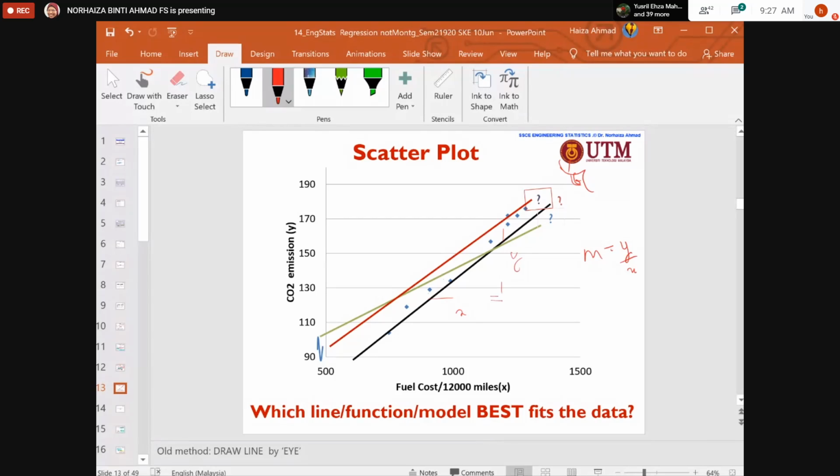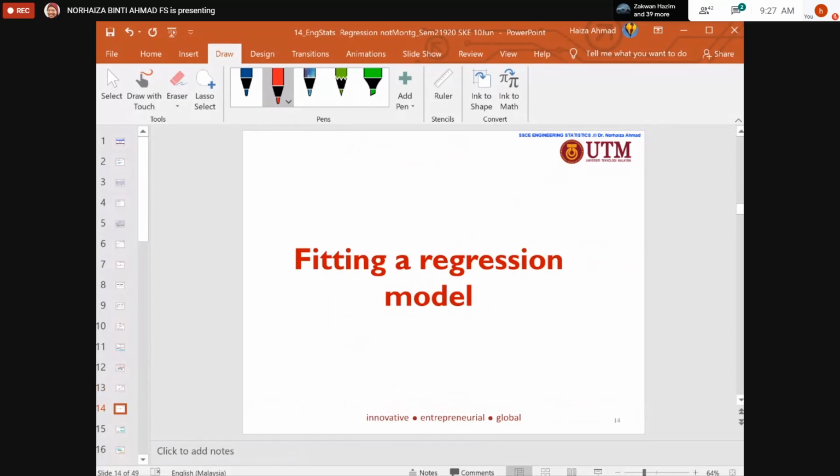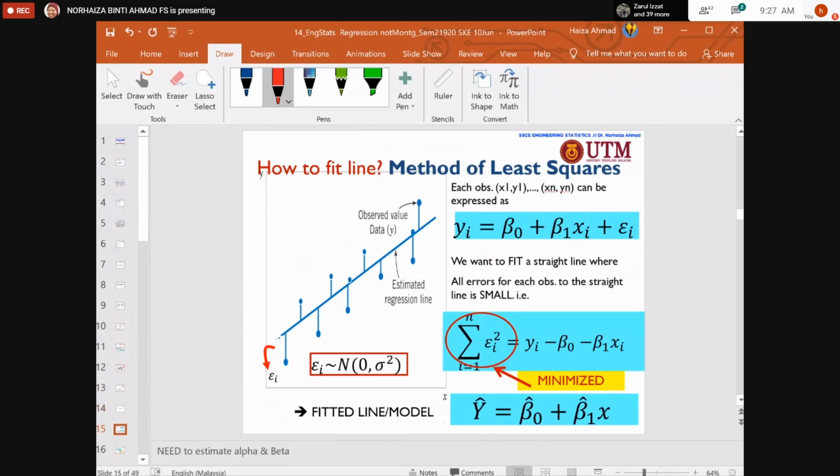So instead of doing this trial and error approach, you fit a regression model. How? Through the method of least squares. So basically, what it does is you want to optimize. Optimize what? I'm going to explain now.